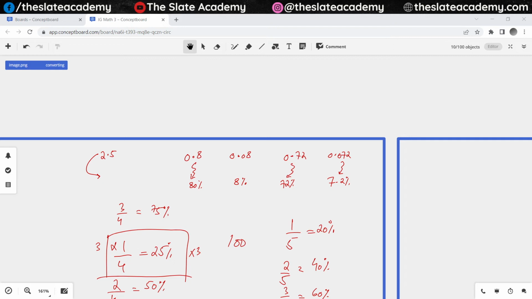No, that is 2 out of 5. 250%. Why? Because look over here. 0.25 is 25%. 0.025 is 2.5%. And 2.5 would be 250%.